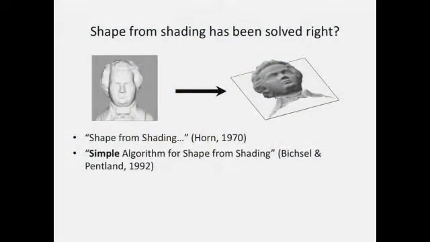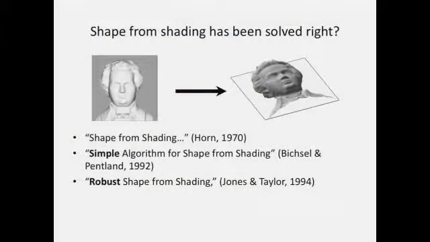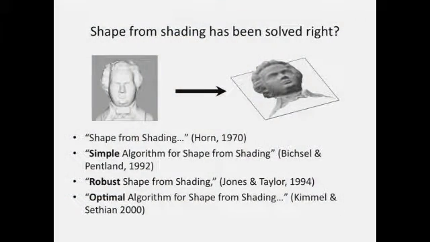All right, so then we've got a simple algorithm for shape from shading. We've got a robust shape from shading algorithm. We've got an optimal algorithm for shape from shading. It looks encouraging, right? We've already gotten to optimal. Although it took a long time. But you might think, in reading the literature, that people actually could do shape from shading.